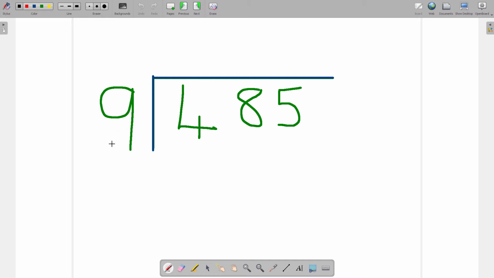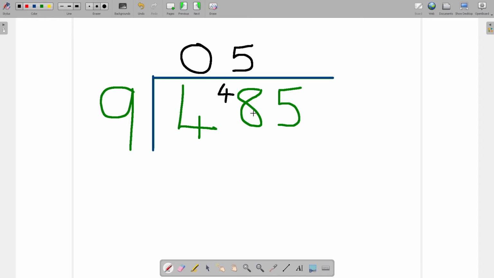Okay, so we're looking for how many 9s there are in 485. So first of all, we start off in the hundreds column. How many 9s are there in 4? Well, there are 0. So we move the whole 4 down from the hundreds column into the tens column. So how many 9s are there in 48? Okay, well, 5 times 9 is 45, so it is going to be 5.